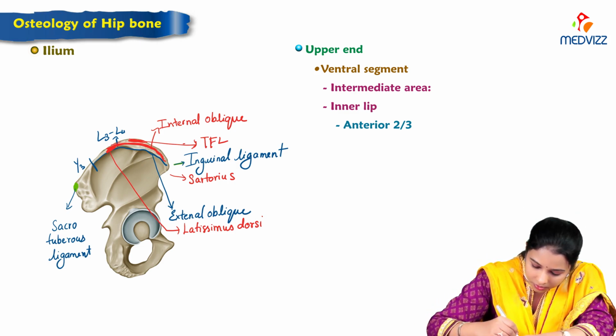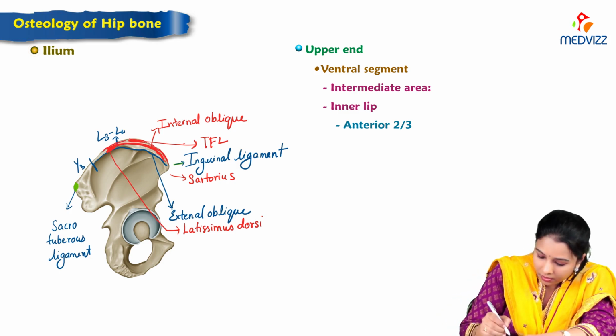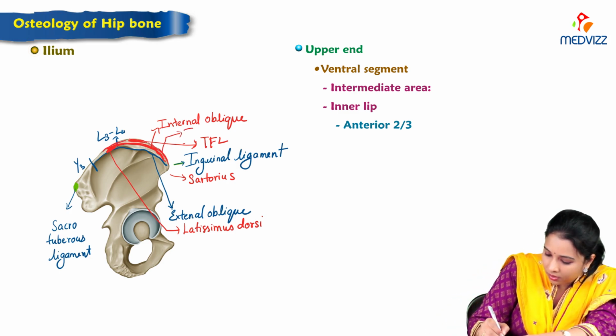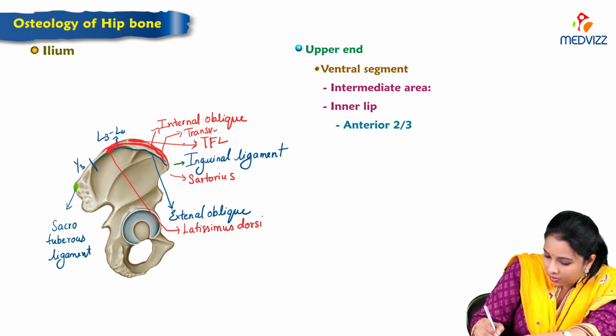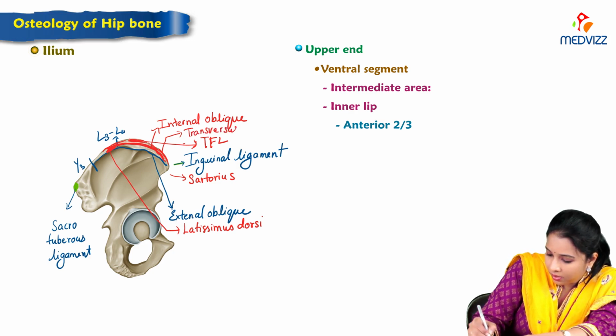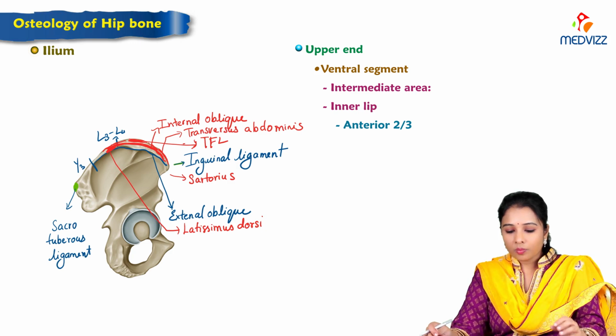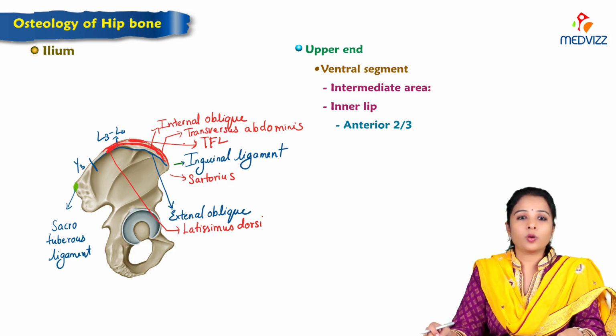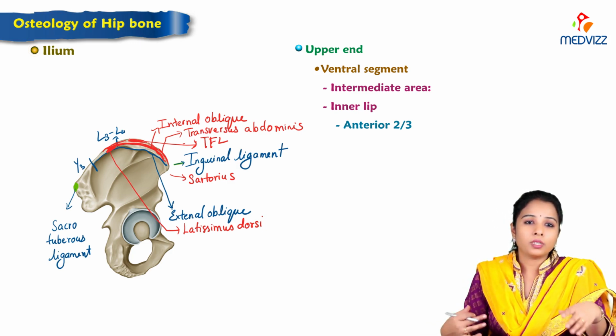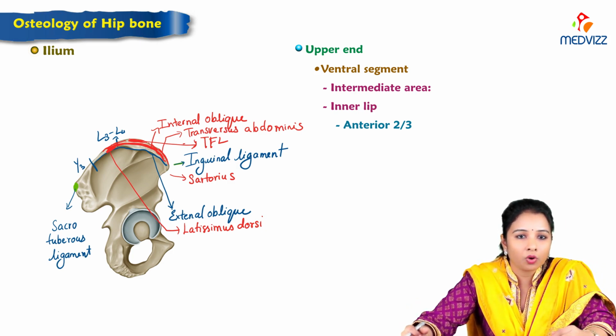So here is the inner lip. So this is transversus abdominis. So if you see the external oblique, internal oblique, transversus abdominis, these are muscles of the anterior abdominal wall.